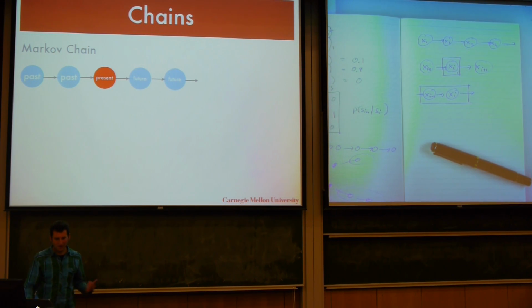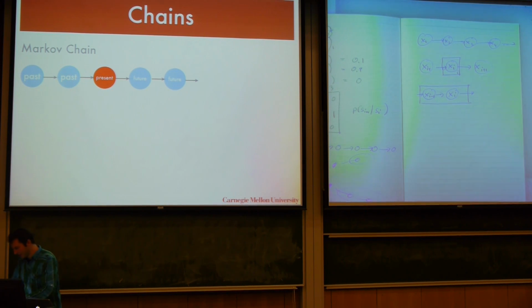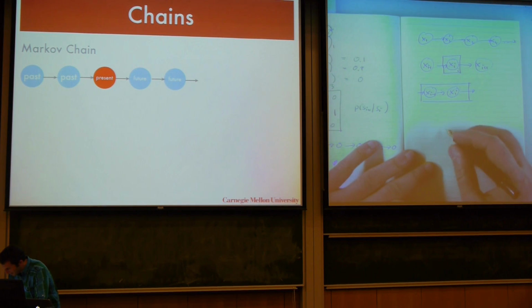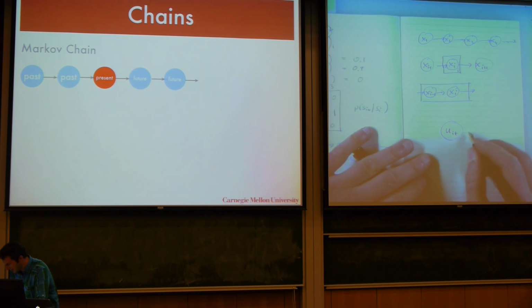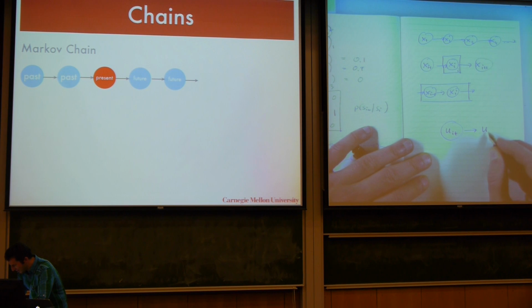So you care about such stuff, for instance, when you sit down with an engineer and you try to come up with a good user model. You could then, for instance, say something like, well, here's the user behavior, user i at time t. And you would assume that what he does at time t will influence what he does at time t plus 1.